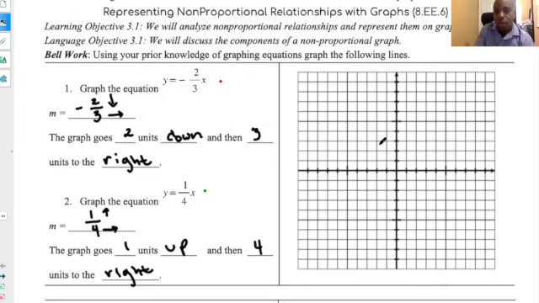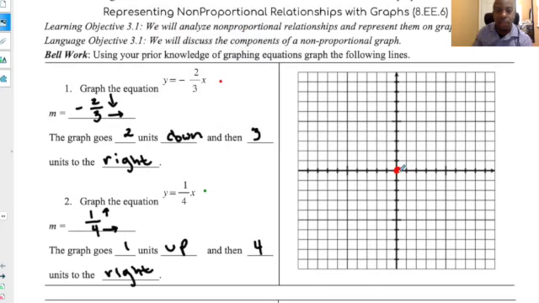Now, with these graphs, because they're proportional, and they do not have something we're going to talk about later today that differentiates between proportional and non-proportional, we're going to start at the origin. We're always going to start at the origin at 0, 0 for proportional relationships. That is not what we're working on today, but it's a good refresher to say, okay, I'm going to start at 0, 0.